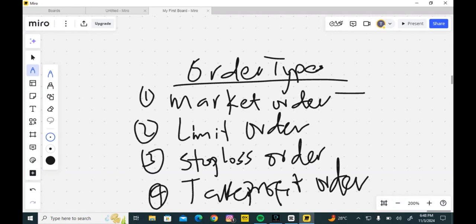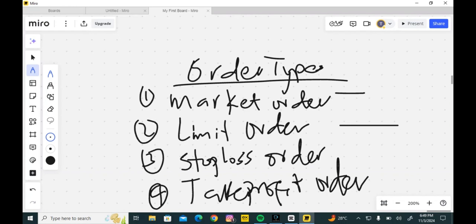Why the limit order? The limit order is to buy or sell at a specified price, right? A specified price, probably a better price based on your own satisfaction or based on your own analysis. So this first one is the instant execution, buying at the current price.